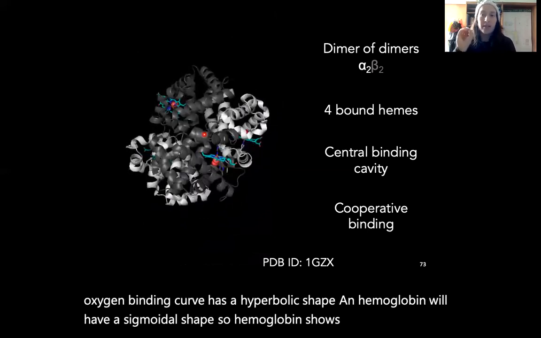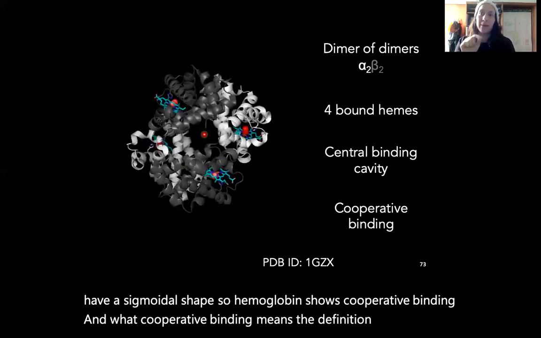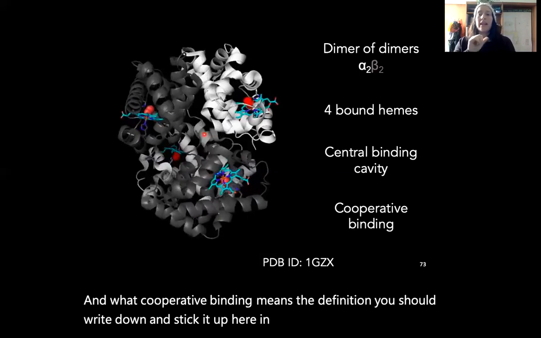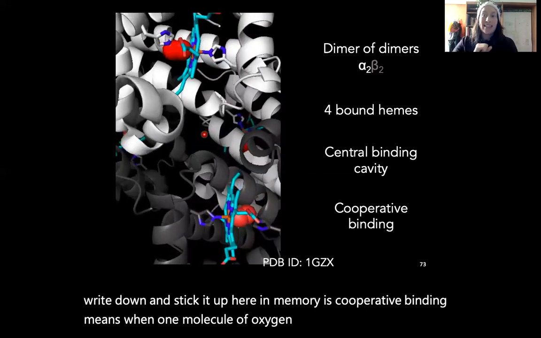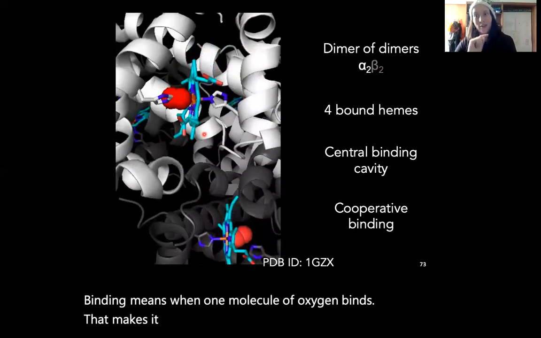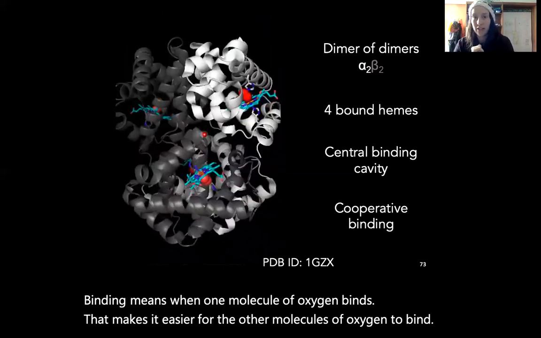And what cooperative binding means, the definition you should write down and stick up here in memory. Cooperative binding means when one molecule of oxygen binds, that makes it easier for the other molecules of oxygen to bind. And it's cooperating with each other.